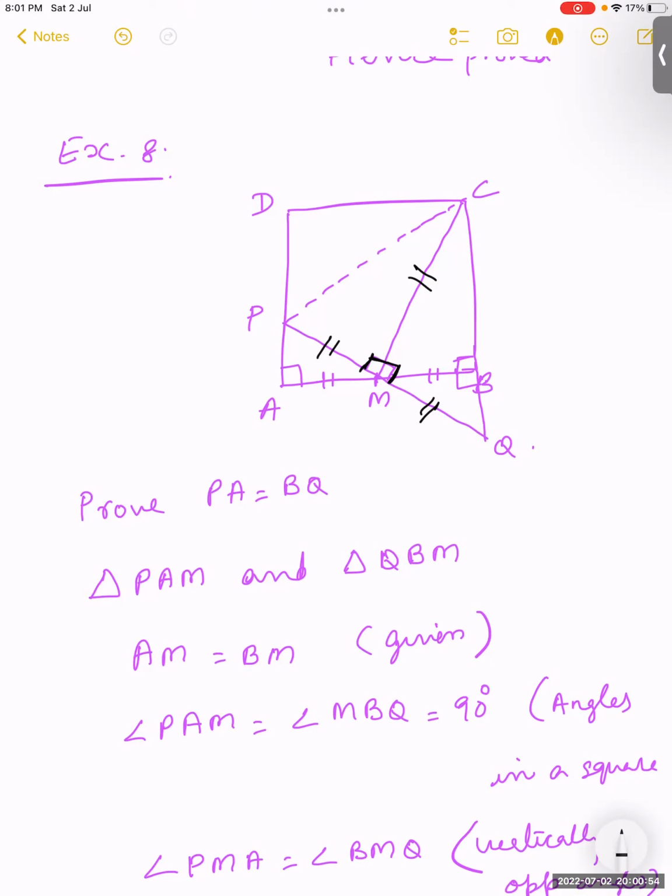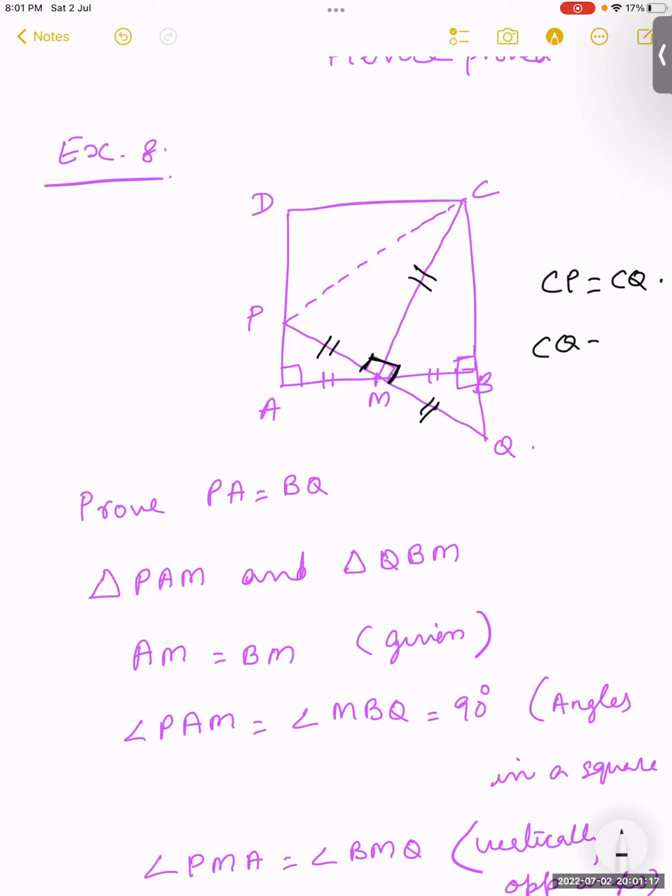When these two triangles are congruent, you can say that CP is equal to CQ, as they are corresponding sides. By the way, the congruency was based on SAS. Now we say side CP and side CQ are equal.